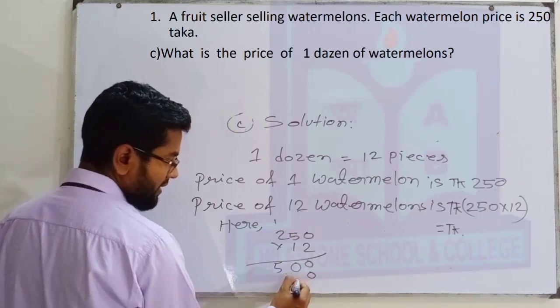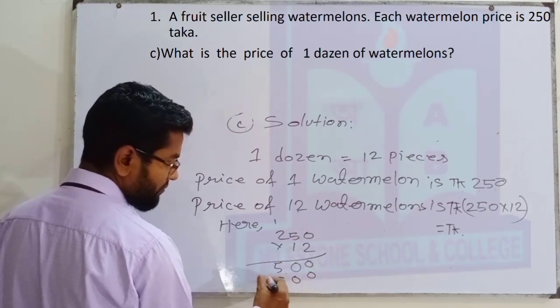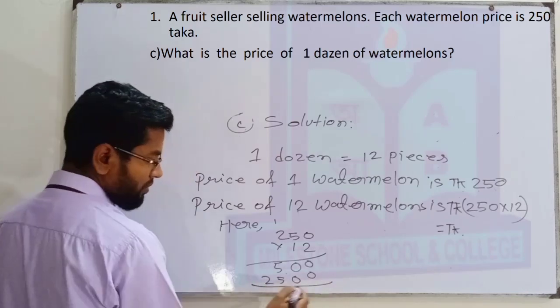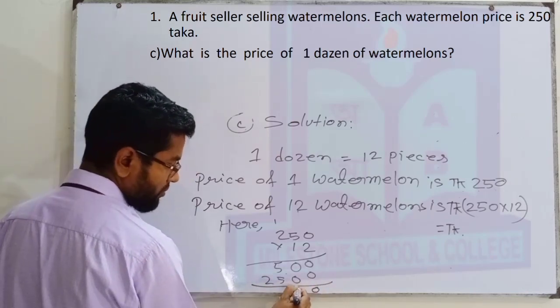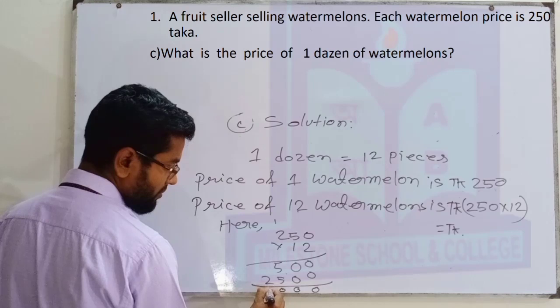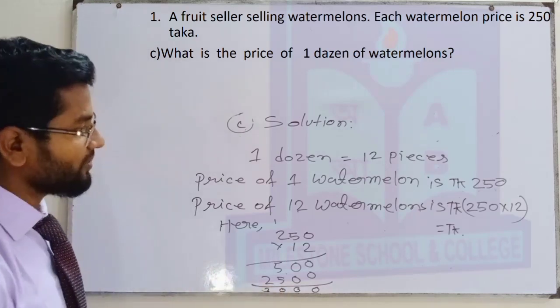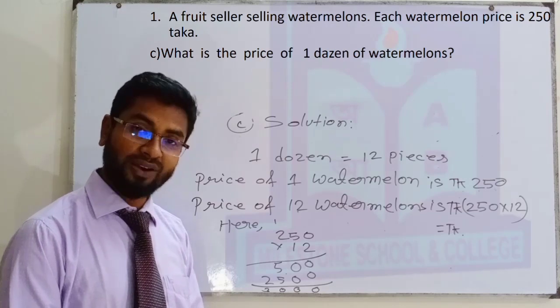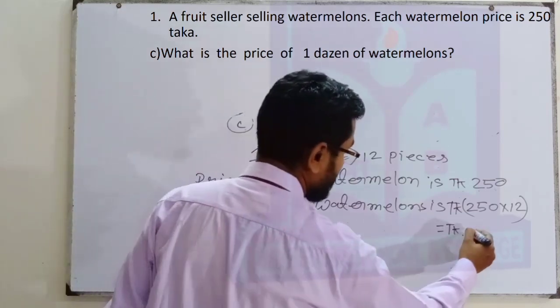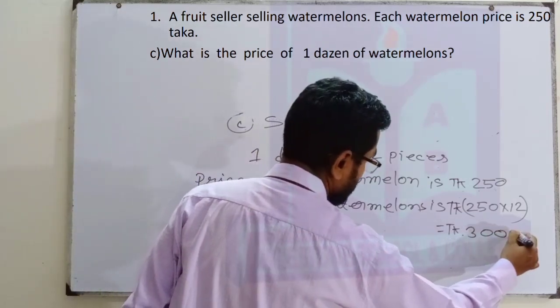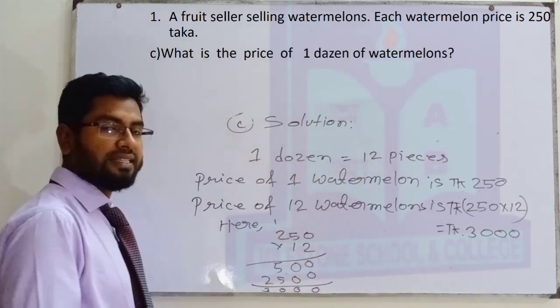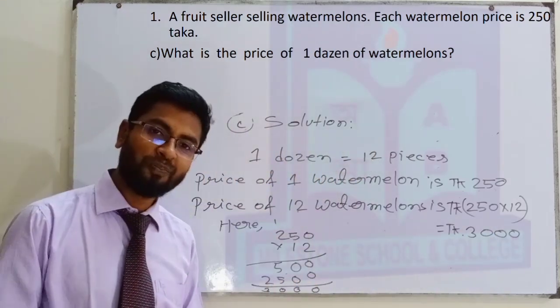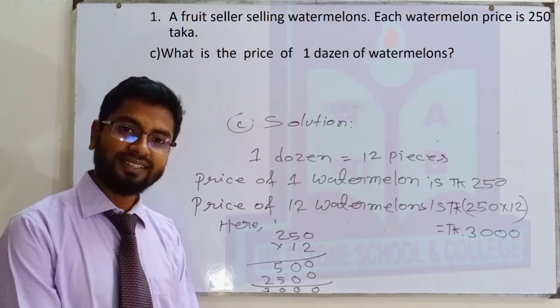What will be here? 0 5 2. So what will be here? 0 0 0 3. So we can tell 3000. Answer is 3000. Clear? Do you have any confusion?